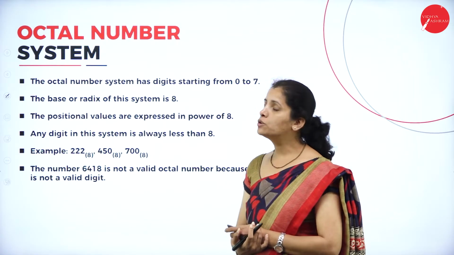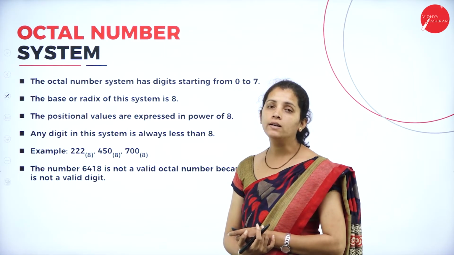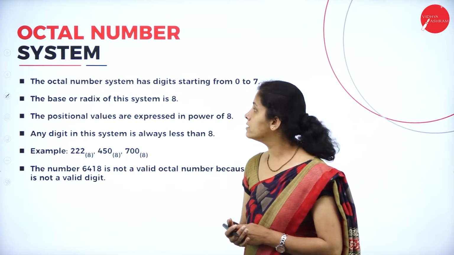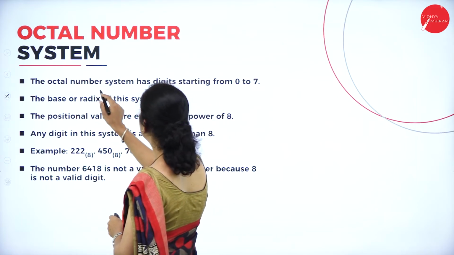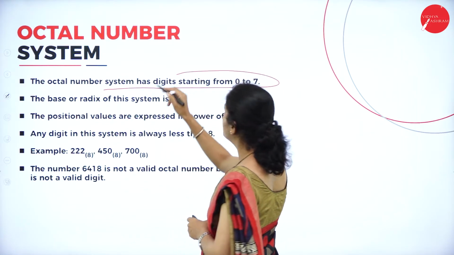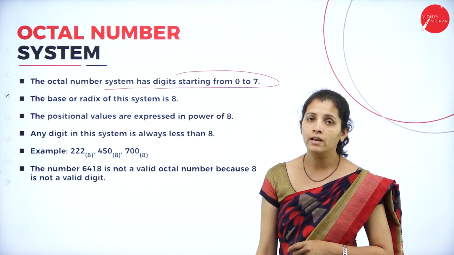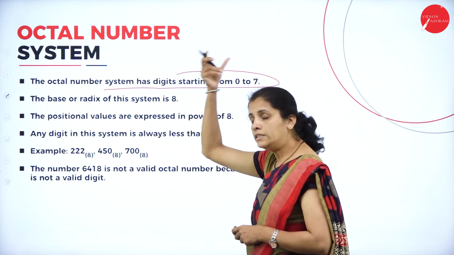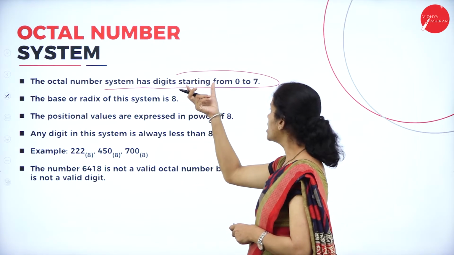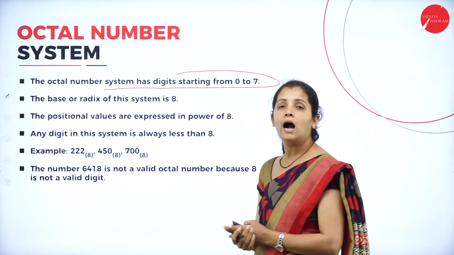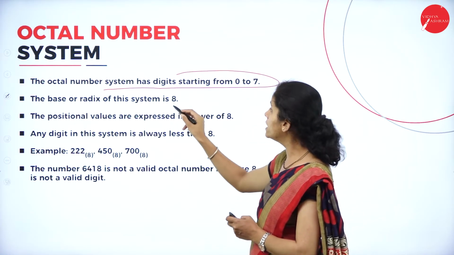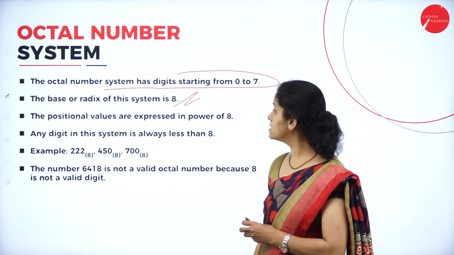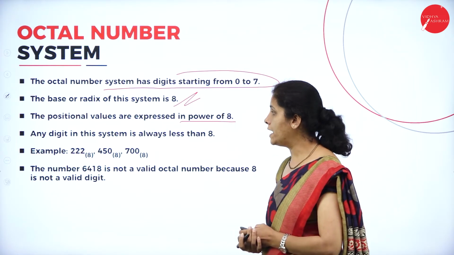Followed by, I'm going to have the octal number. What is this octal number? That is nothing but base 8. The octal number system has digits starting from 0 to 7. If I consider any octal number, the digits are represented in the range 0 to 7, and the base here is 8, and the positions are expressed in power of 8.